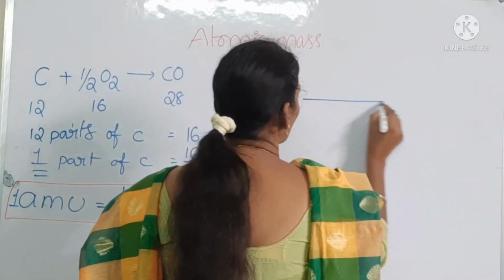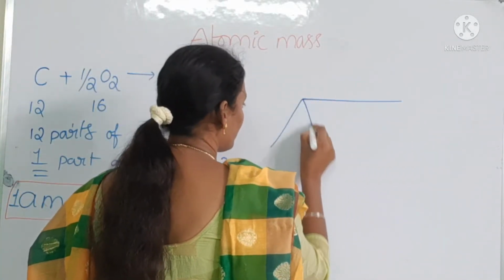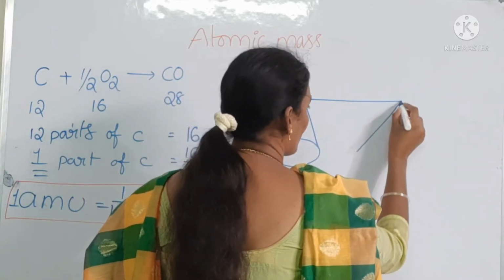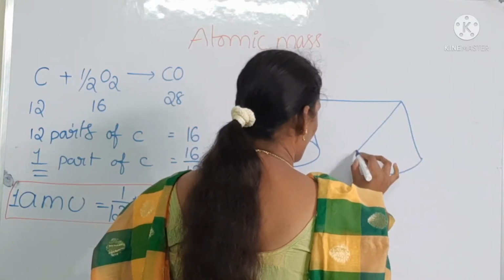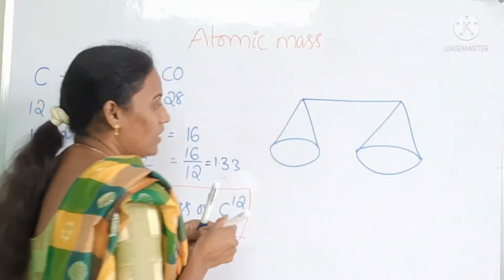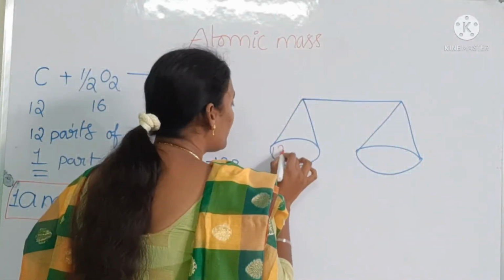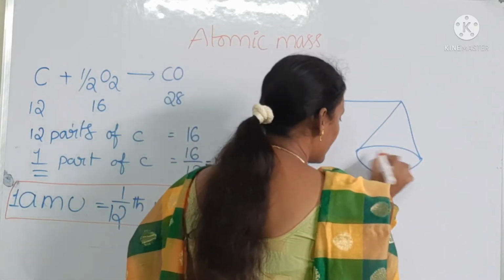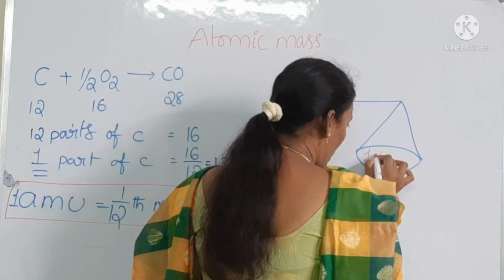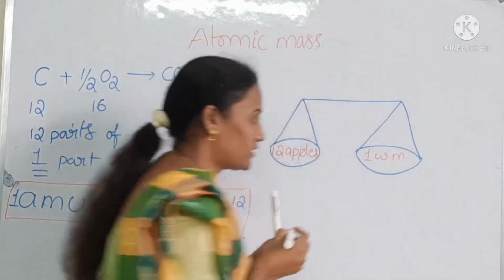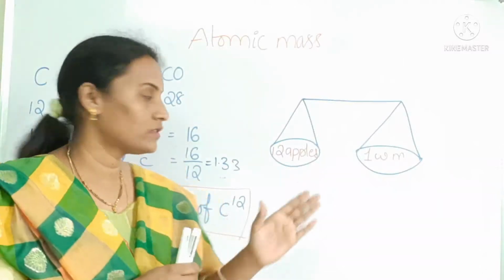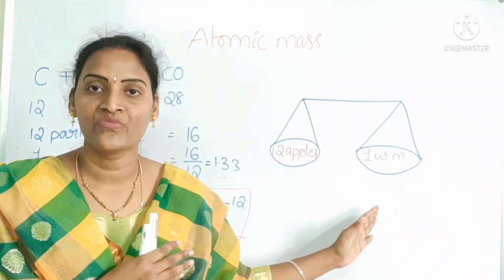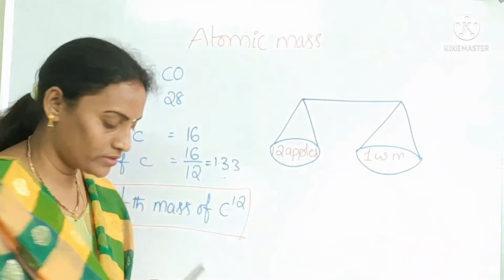Just see here, this is the mass scale, students. On one side of this mass scale he put 12 apples, and on the other side he used one complete watermelon, students. That means he observed that the weight of these 12 apples is equal to the weight of one watermelon, so that he can easily sell his fruits.